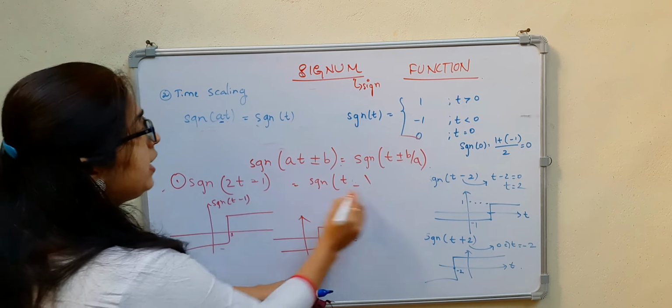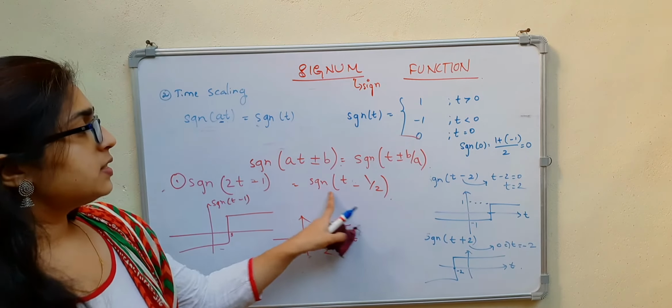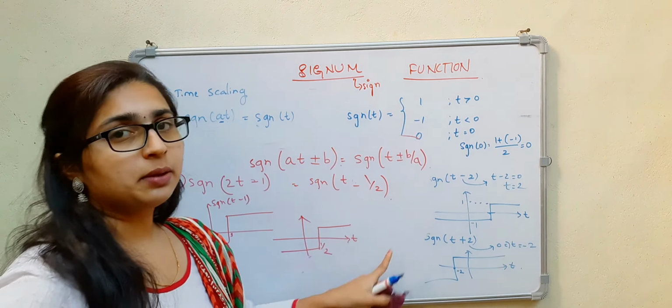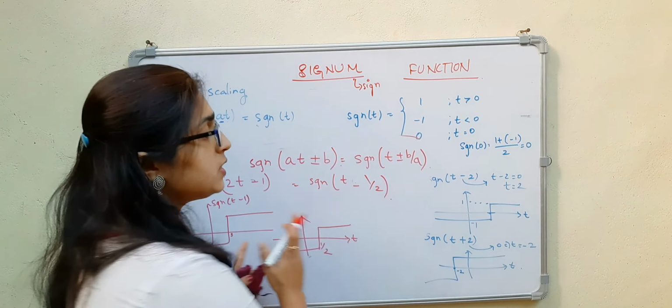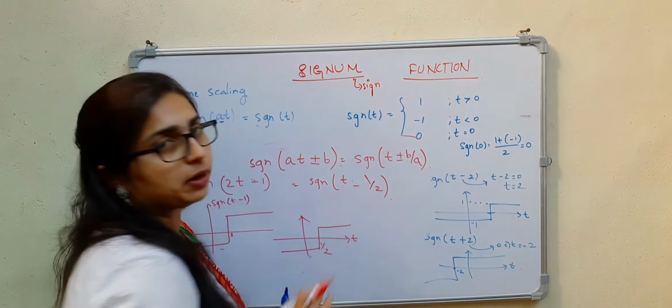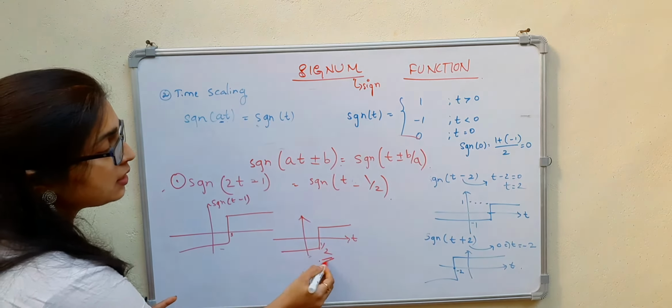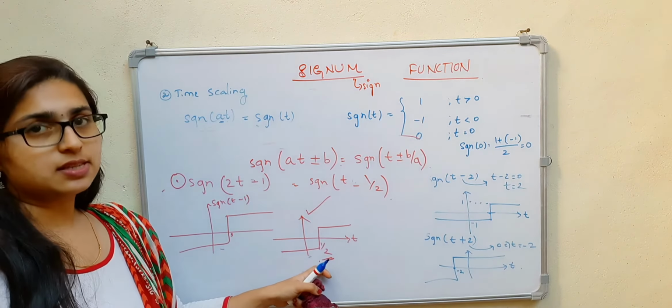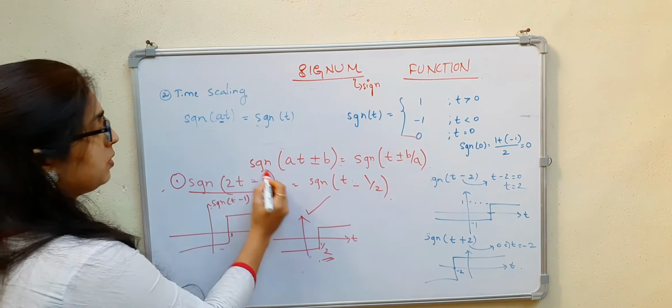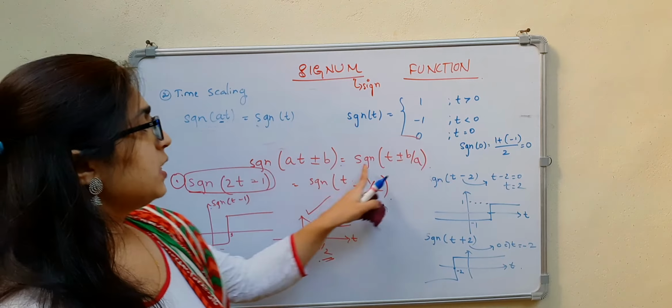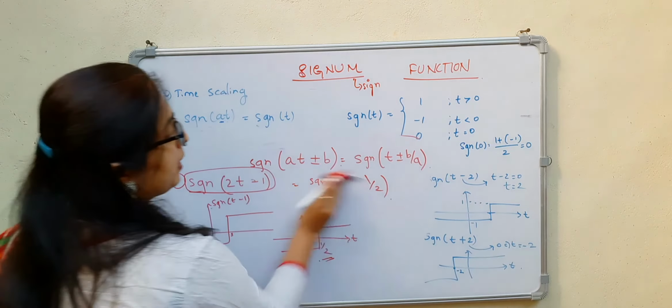And what is your a? Divided by 2. So signum t minus 1 by 2 is nothing but the signum function which is moved towards the right by 1 by 2 units. This is the same signal which is obtained from this. So it is equal to signum of t plus or minus b by a.